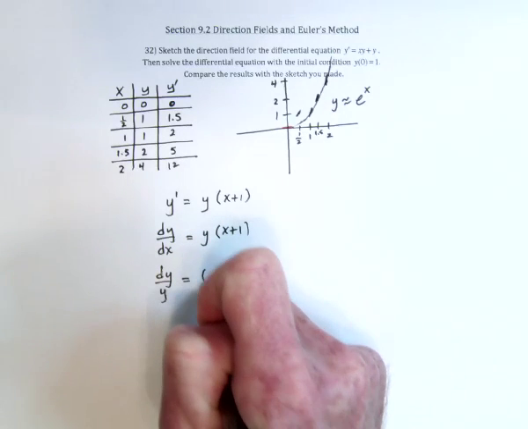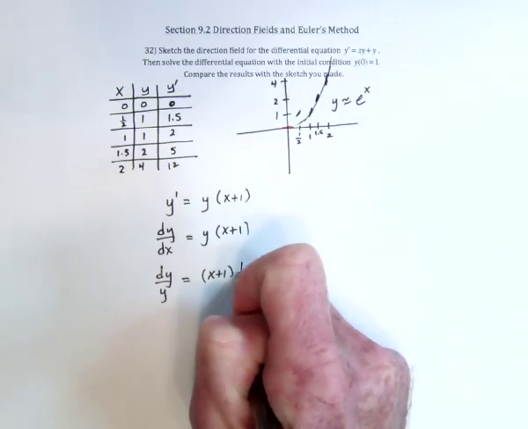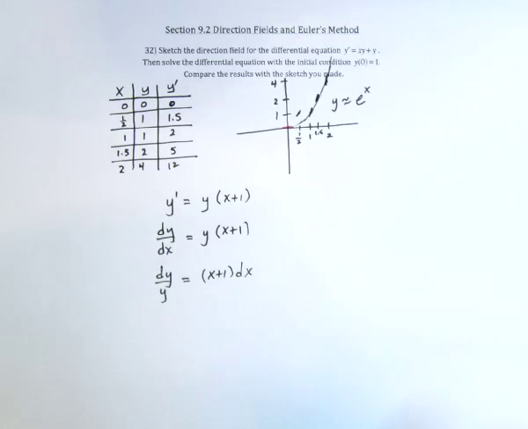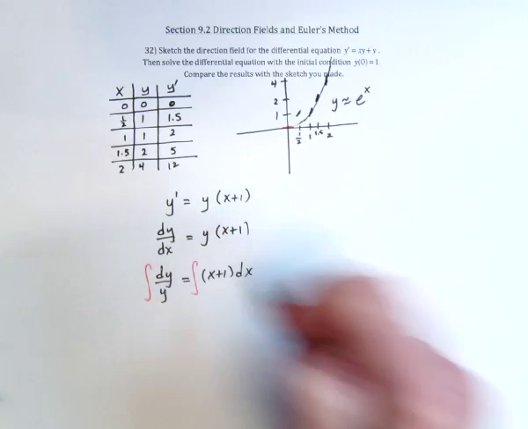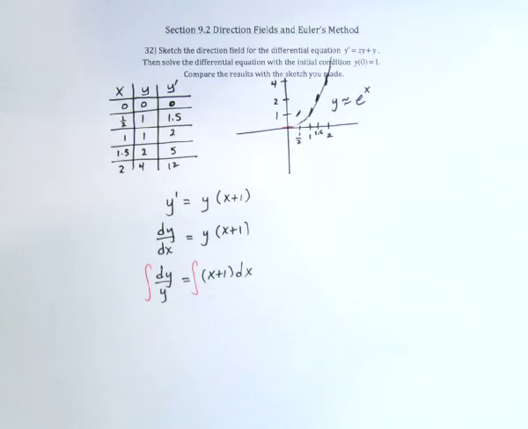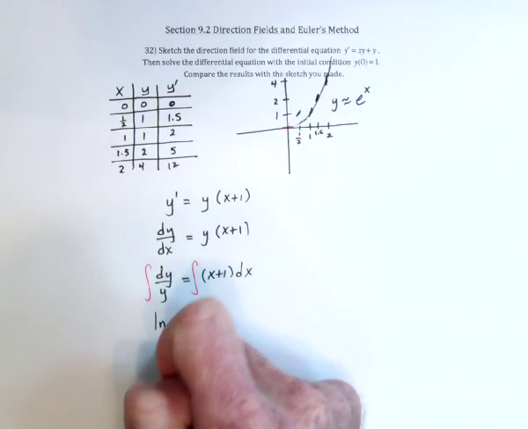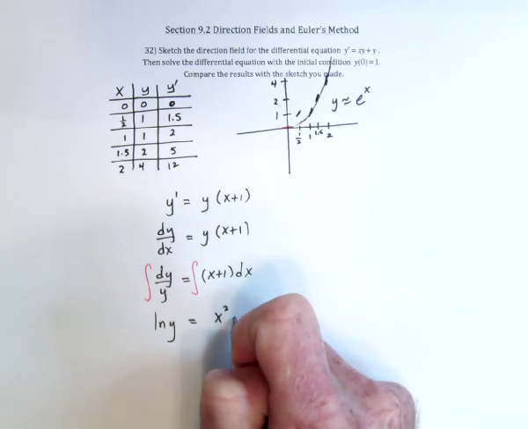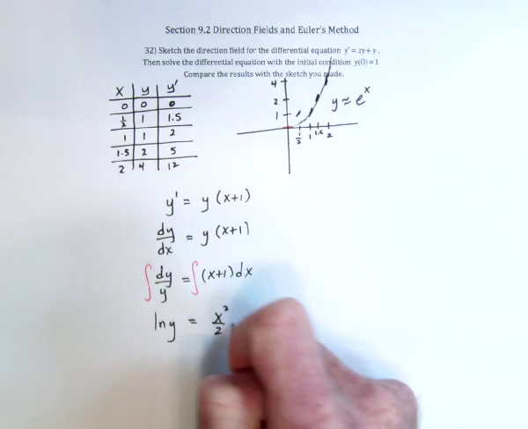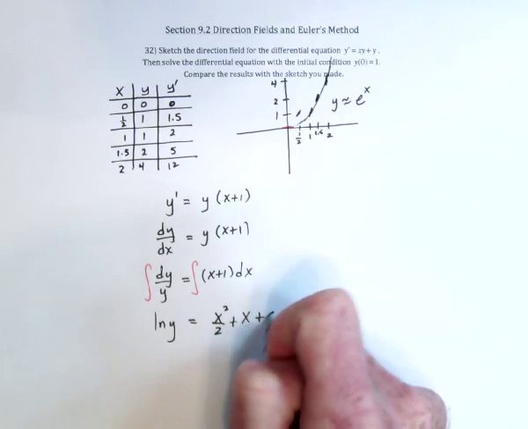The right side will be x plus 1 dx. Now that the variables are separated, integrate and integrate. The left side is natural log of y. The right side is x squared over 2 plus an x plus some constant.